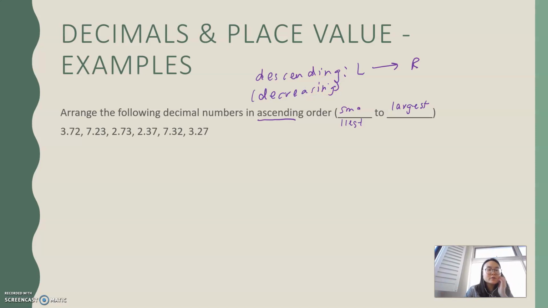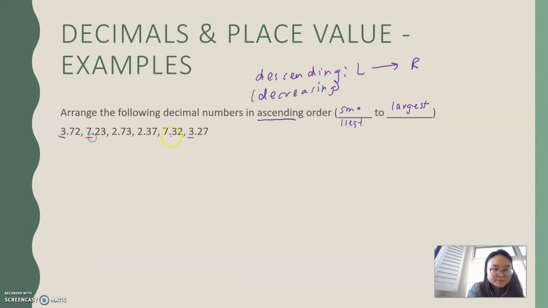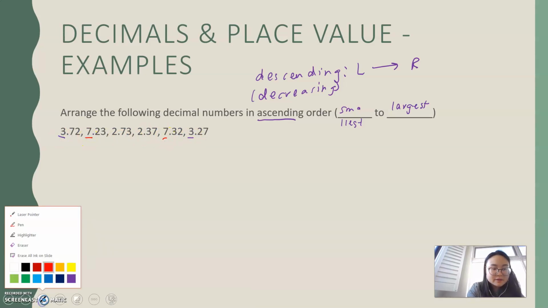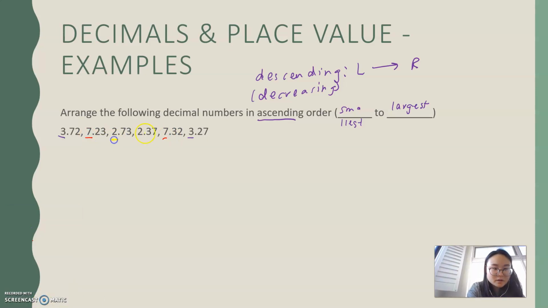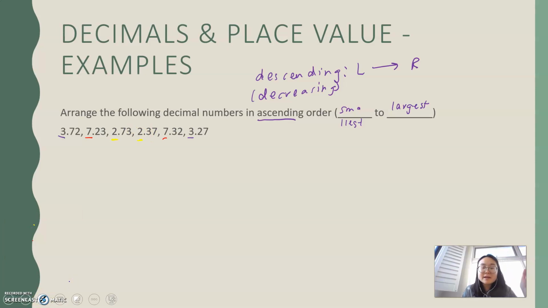Okay, so first things first, we've got a whole bunch of numbers here. I can see that I've got some starting with a 3, some of them start with a 7, and some of them start with a 2. That number is to the left of the decimal place, so that's a whole number.